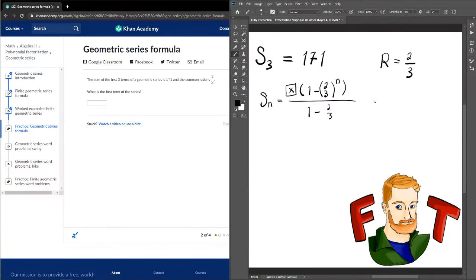So I'm basically solving for x. Get that fancy x like Sal Khan does here.